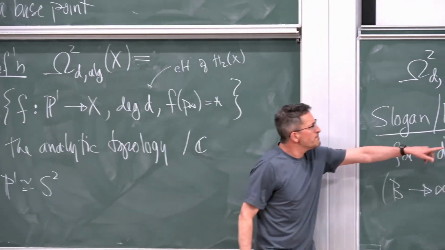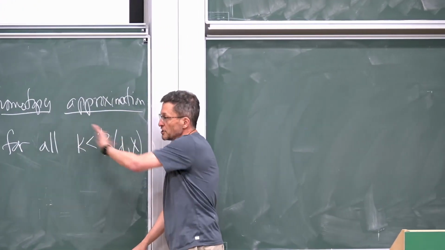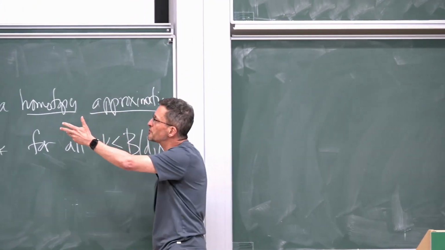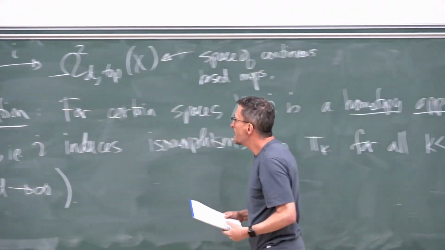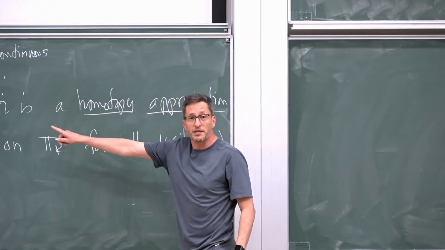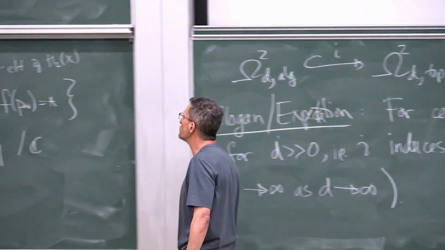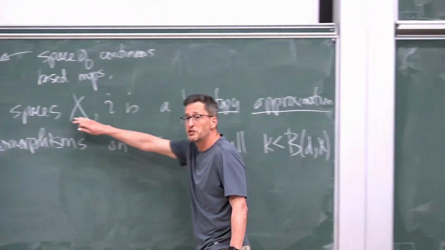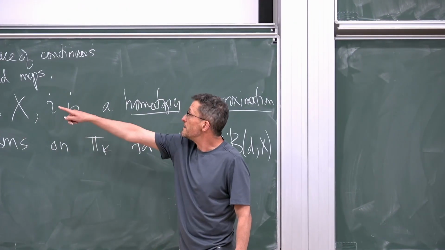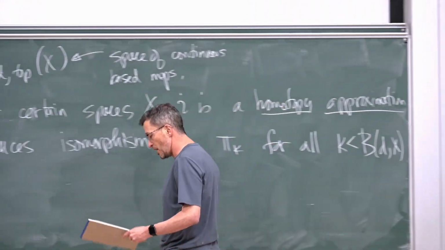I'm going to use this term homotopy approximation to mean this. You could also say this is just a highly connected map, as topologists would say. Of course this isn't going to be true for varieties in general, since there might not be any genus zero maps, but maybe for some good spaces, these algebraic spaces will be homotopy approximations to the things the topologists study.